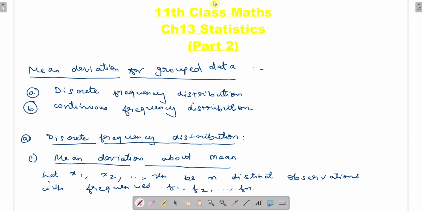So first what we have to do is find the mean.